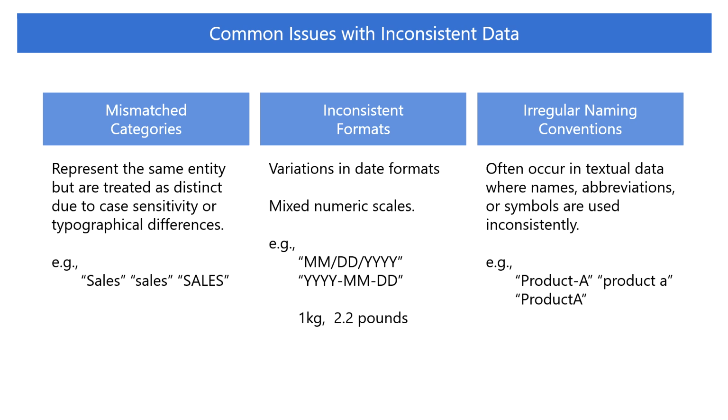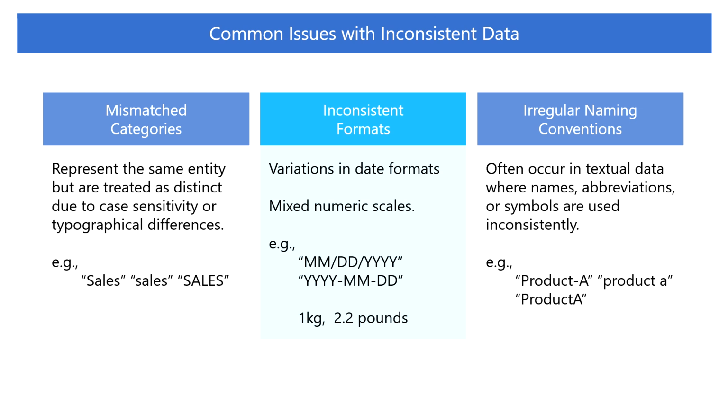There are three common issues with inconsistent data. Mismatched categories. For example, categories like sales and Sales may represent the same entity but are treated as distinct due to case sensitivity or typographical differences. Inconsistent formats.